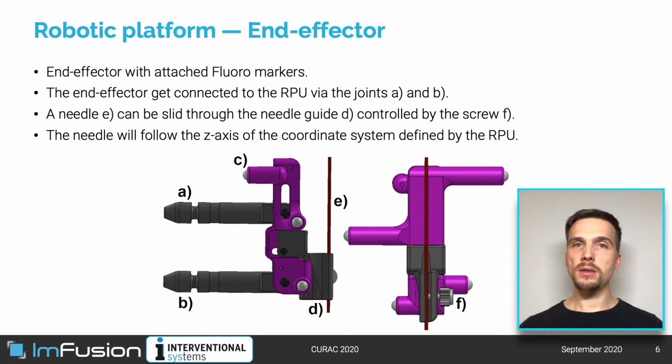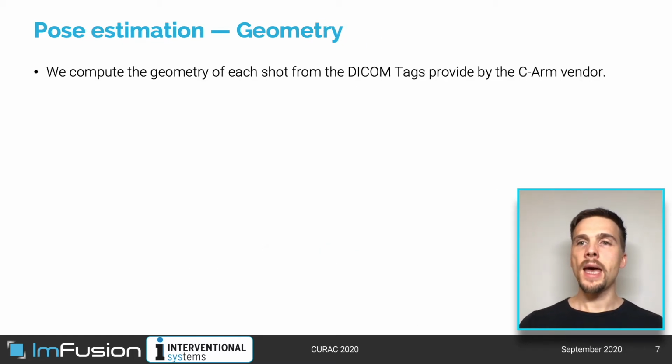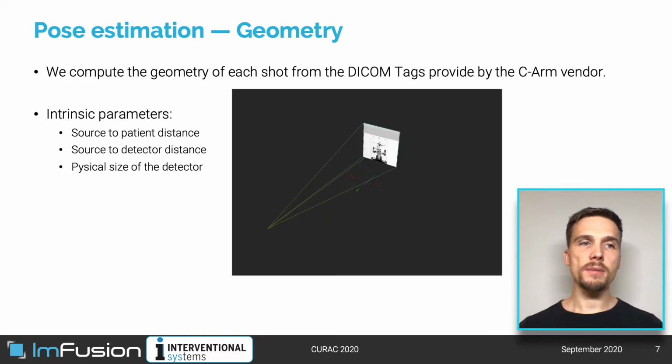So what we now need is a full transformation chain from this coordinate system to the fluoroscopic images in order to transfer planning to movement of the robot. And what we need for that, first of all, is the geometry of the fluoroscopic images. We extract this information from the DICOM tags. Nearly all vendors write these tags, and you can extract the intrinsic parameters from the source to detector distance, source to patient distance, and the physical size of the detector.